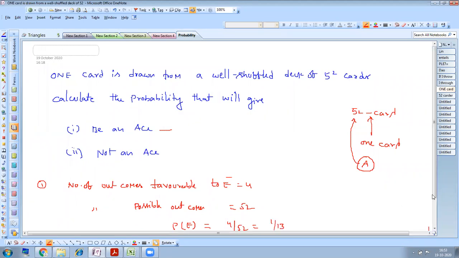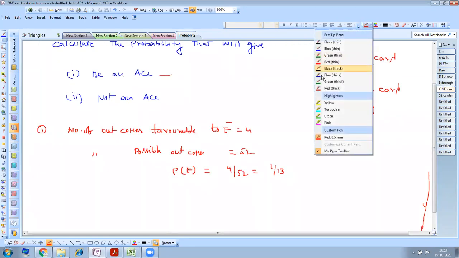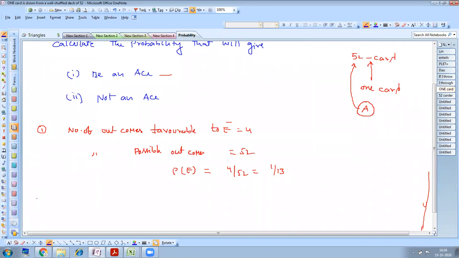Now, how to do the second question? Not getting an ace. That means you should not get an ace. How many possible outcomes can be possible here? Suppose this is event 1. My event 2 is, I don't want to get an ace.